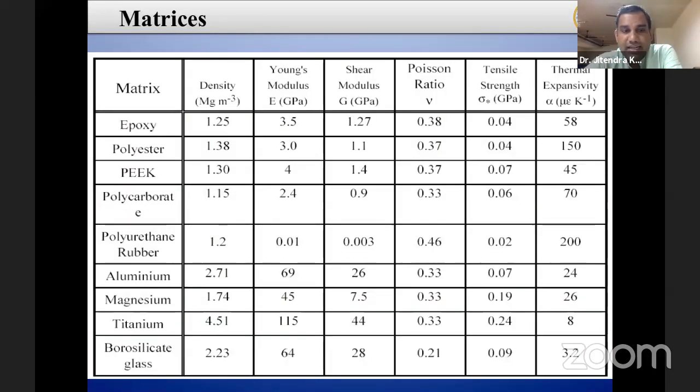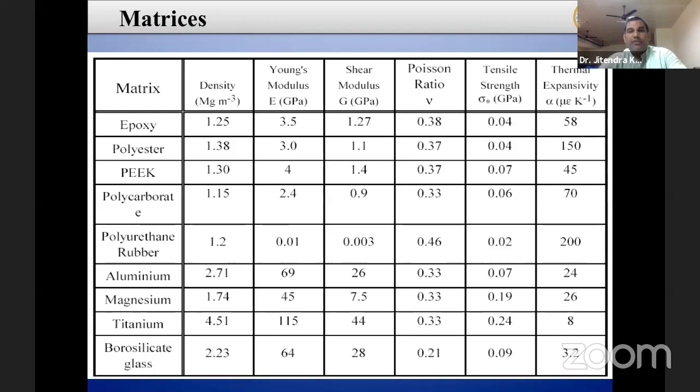The matrix also has various types: epoxy based matrix, PEEK, polycarbonate, polyurethane, rubber, and aluminum, magnesium, titanium. These are the metal matrices, making a metal matrix composite. The others are polymer based composites, and borosilicate is used in making ceramic based composites.